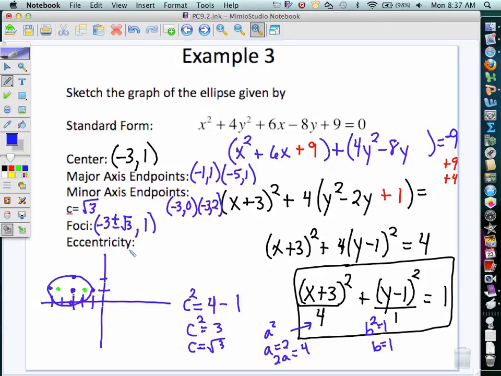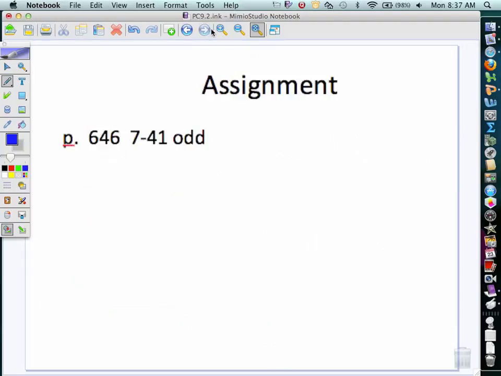So I'm adding the square root of 3 and subtracting the square root of 3. I can do it all in the same step. And then up 1. So those are the 2 points, the foci. And then eccentricity would be E equals C over A. So my C value is the root of 3, and my A value is 2. And there you have it.